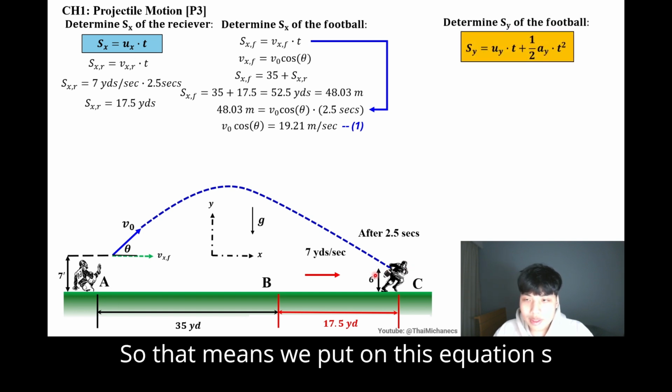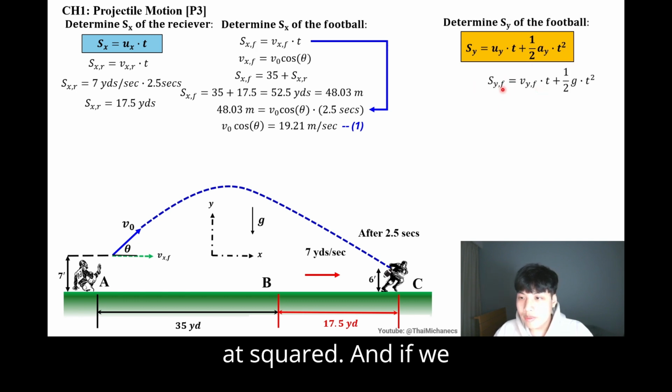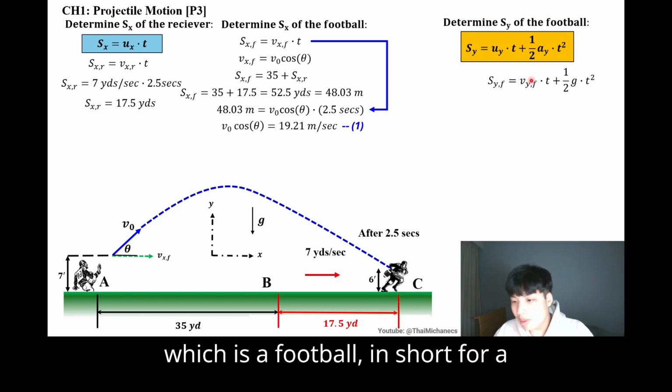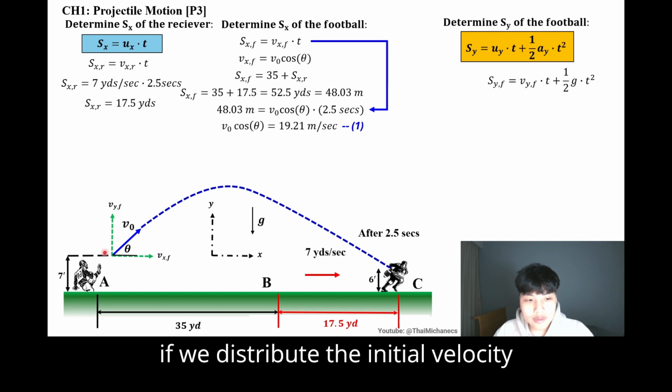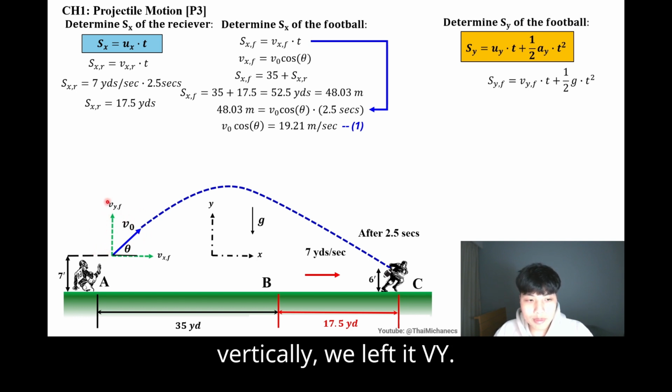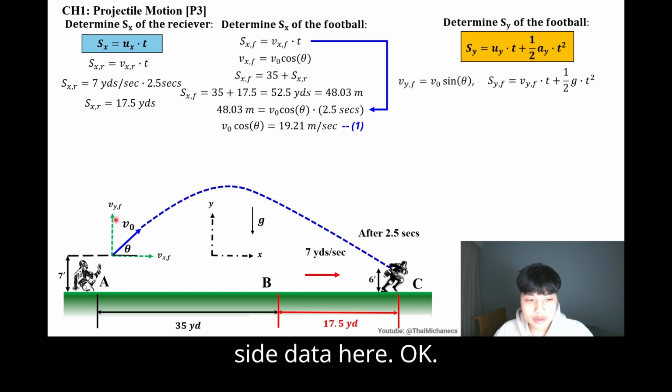So we put on this equation: s equals ut plus 1/2 a t squared, and we call it sy subscript f, short for football. If we distribute the initial velocity vertically, we are left with vy, and that vy will be equal to v0 times sine theta.